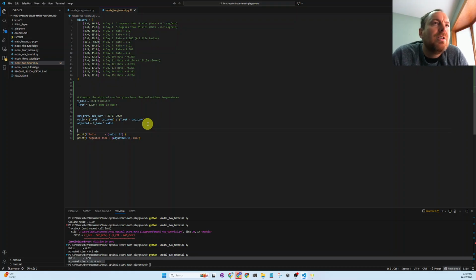That's a good question. Why does this value here blow up as it reaches closer to Tref? I guess it just really makes the ratio go, which makes no sense.